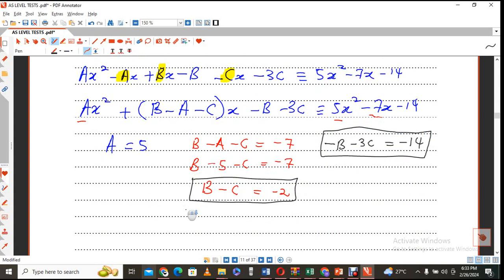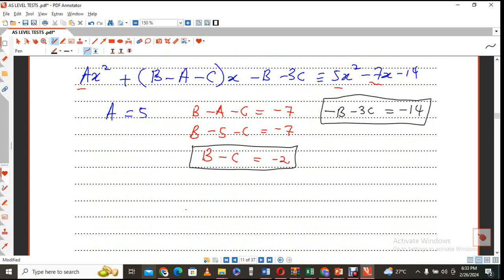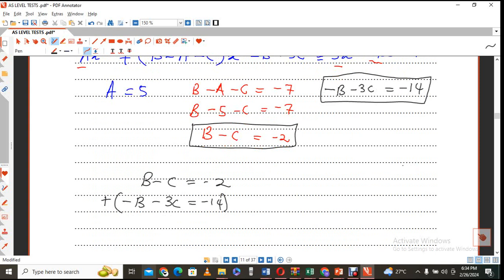I already know what the value of a is. That means that b minus c equals negative 2, and you have minus b minus 3c, which equals negative 14. You have got a positive and a negative, and when you have different signs, you do nothing but add the two equations together. You can either call it equation A or B or equation 1 or 2, totally up to you.